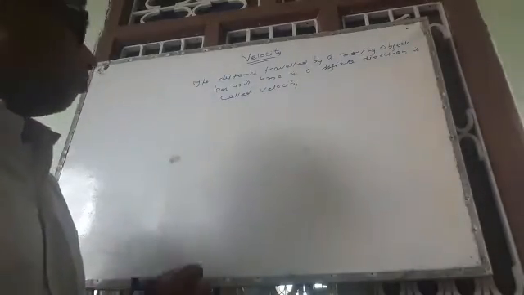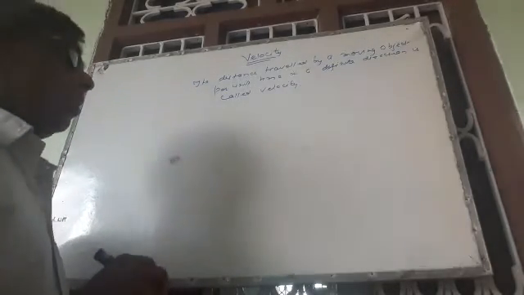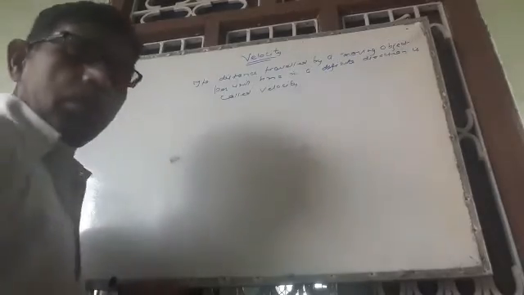The distance traveled by a moving object, moving body per unit time in a definite direction is called velocity.